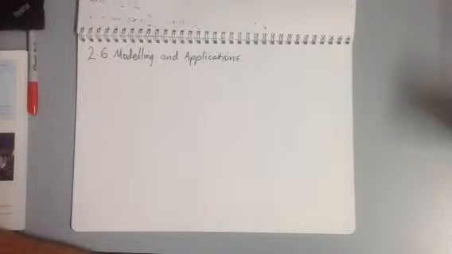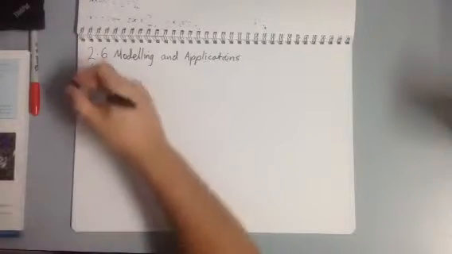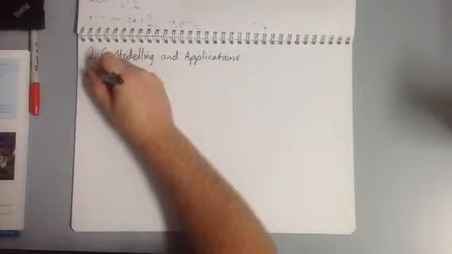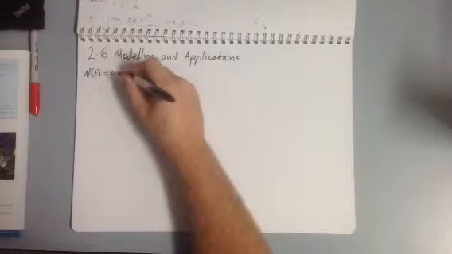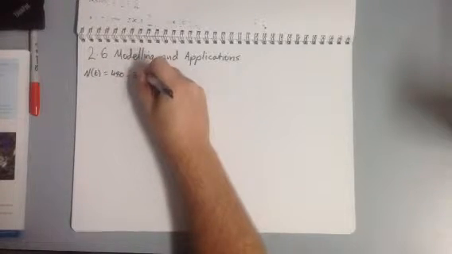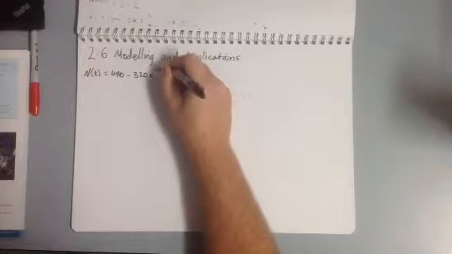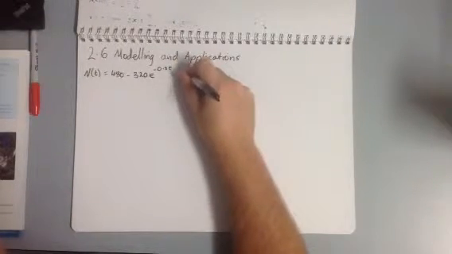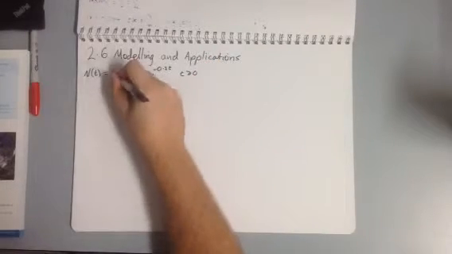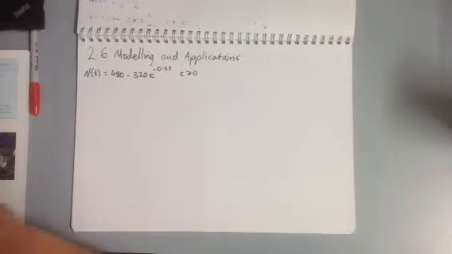Data collected suggests that the model for this number of foxes is given by n of t equals 480 minus 320 e to the negative 0.3 t, where t is bigger than or equal to 0. Here n is the number of foxes and t is the years after the observations began. First question: how many foxes were present initially at the start of the observations?